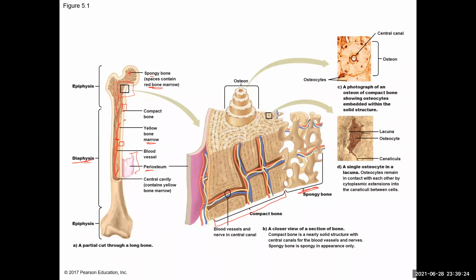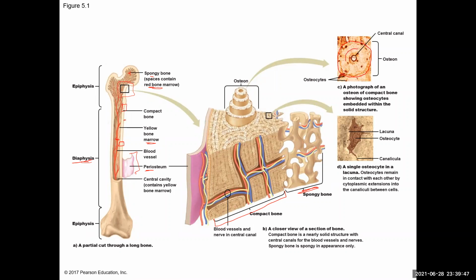But now what I want to point out with this circular cellular arrangement is that one unit of that cellular arrangement is referred to as an osteon. Okay, and so we're going to zoom in to this osteon, and you can see this circular arrangement, right?